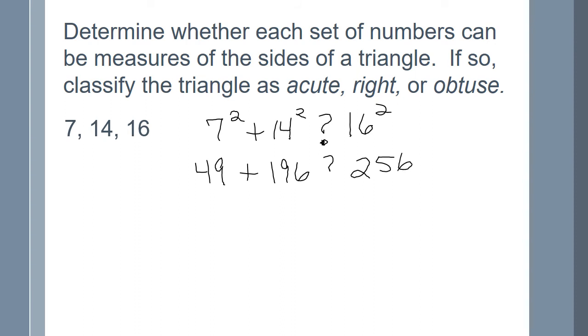So 49 plus 196 is 245. So 245 is less than 256. Since those two are less than, remember what we said, a squared plus b squared, if it's less than c squared, this is an obtuse triangle.